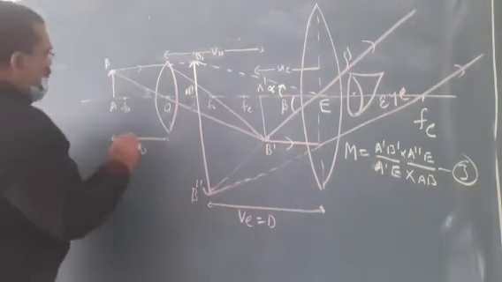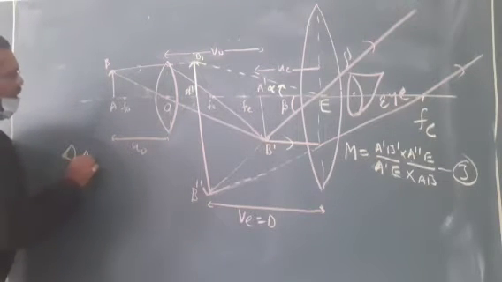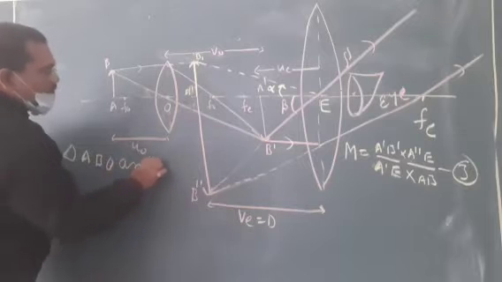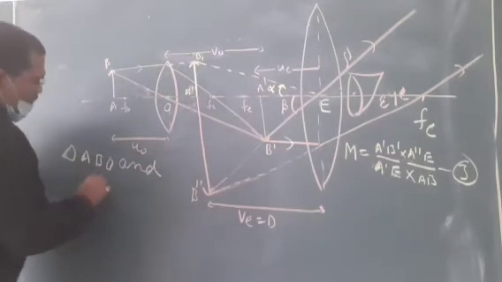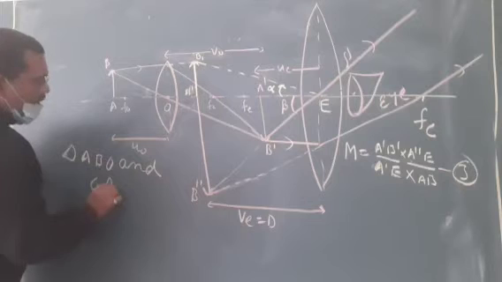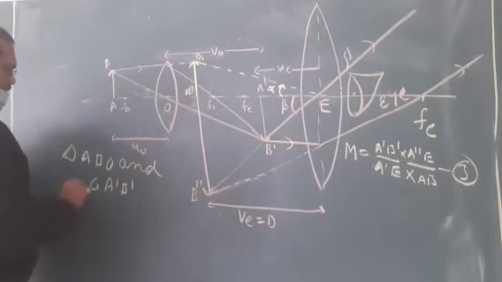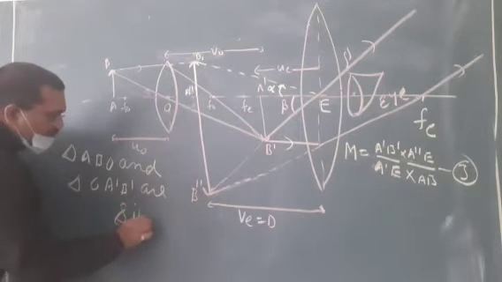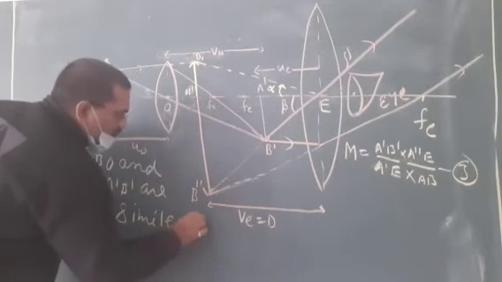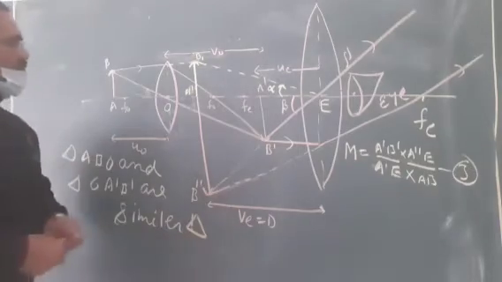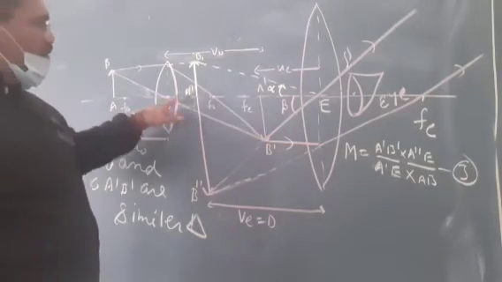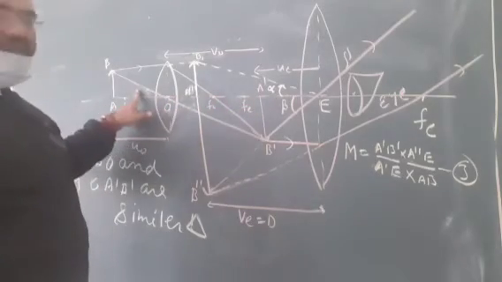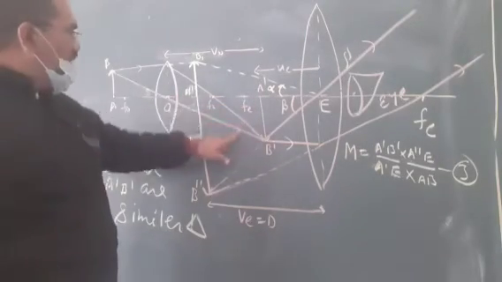Now triangle ABO and OA'B' are similar triangles. Angles are the same, opposite angles are 90 degrees, so this angle will also be the same.